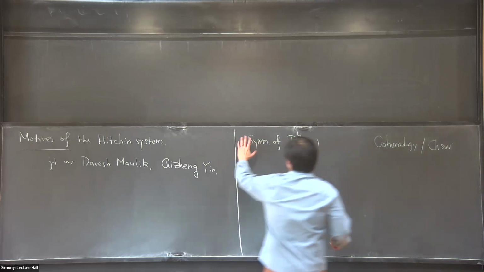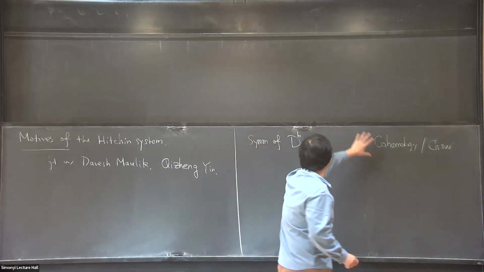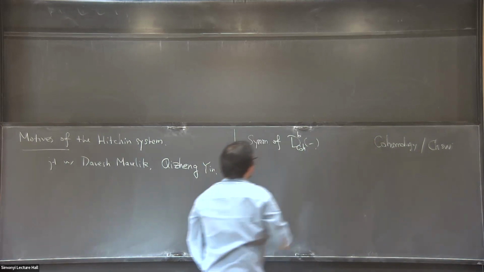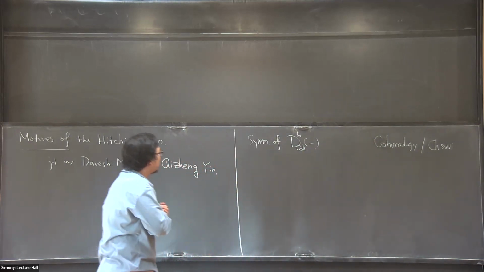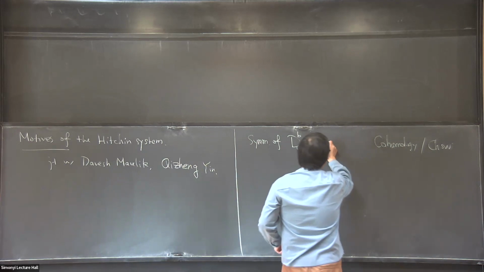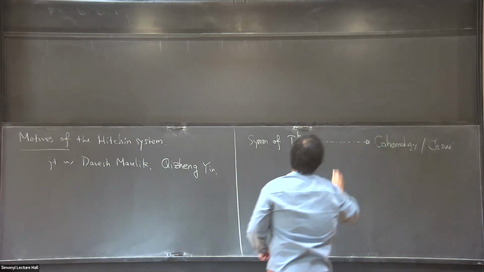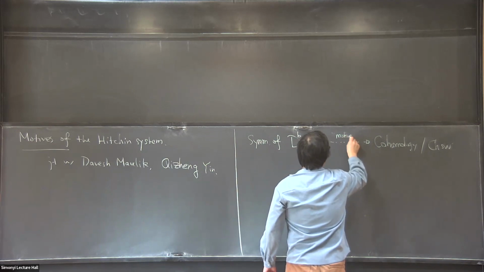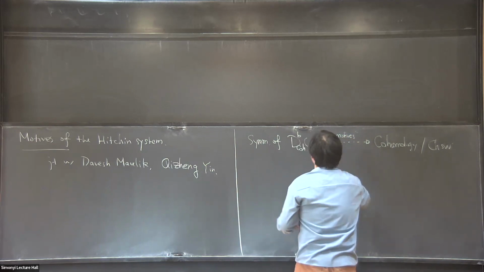So this seems to be two very different structures: the bounded derived category of coherent sheaves, and the cohomology. The connection is by considering the fancy word motives.